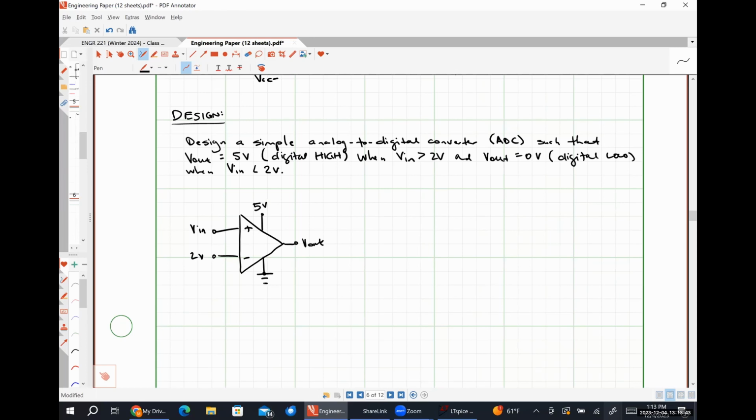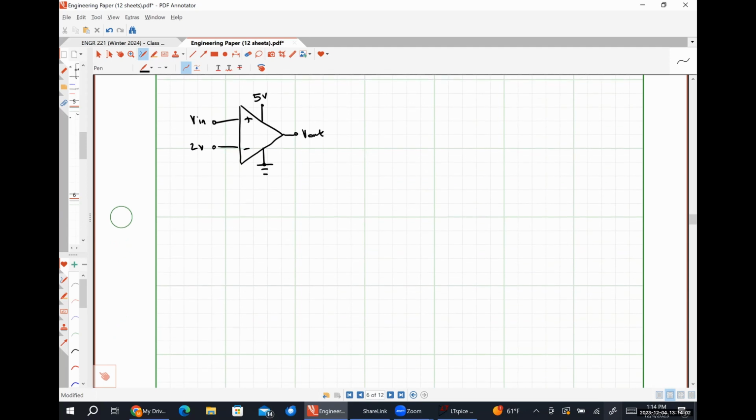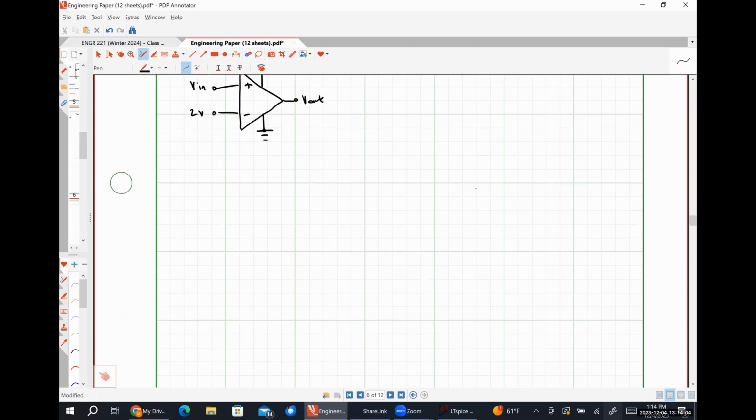So effectively, our highest point of potential in our system will be our positive power supply voltage, and our lowest point will be our negative supply voltage. And then we're going to figure out how to get something in the middle between those two using a resistor network. Okay. So that might look something like this.